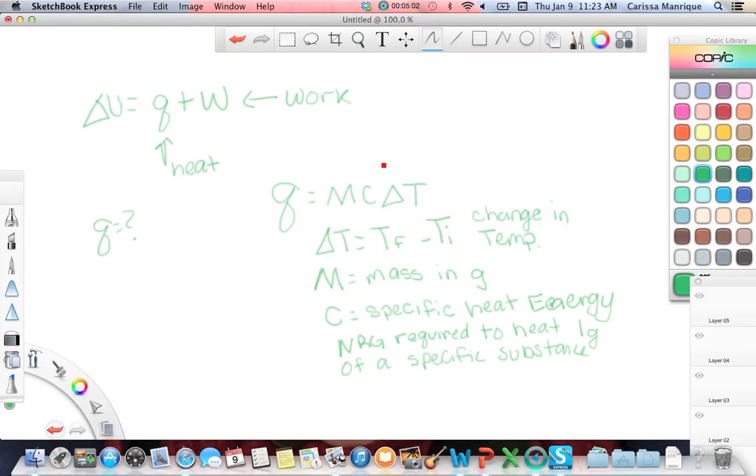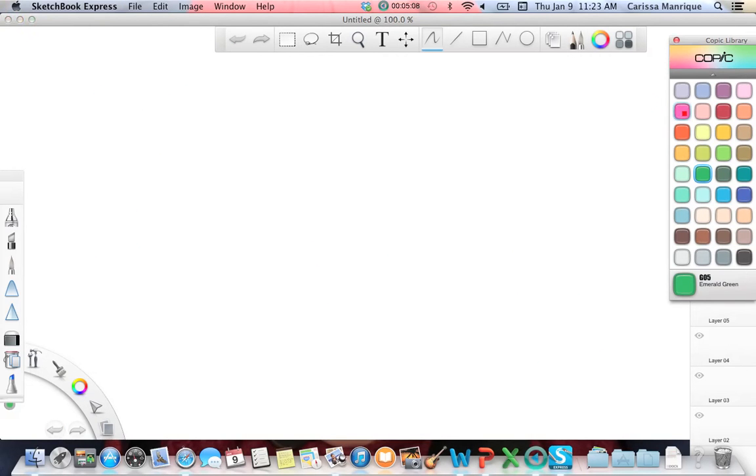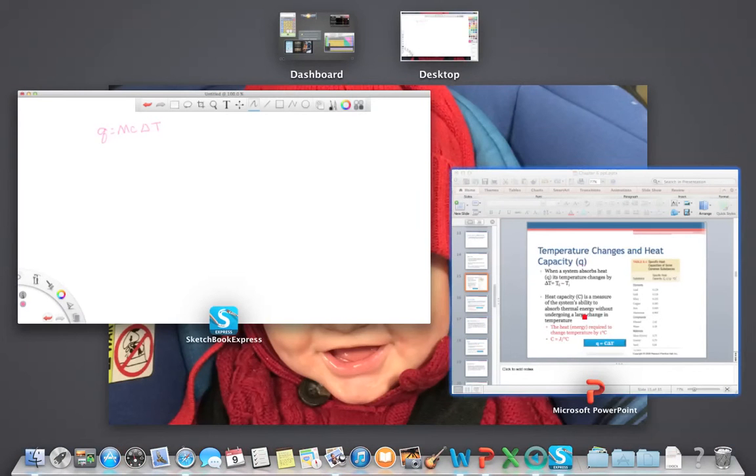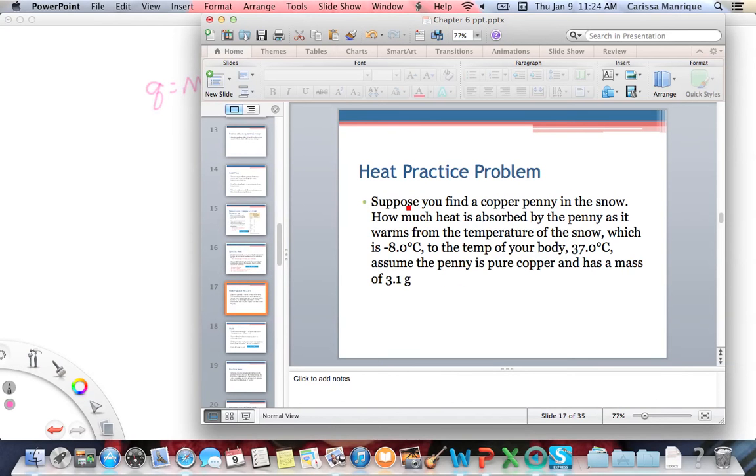So let's look at an actual problem. Again, let's write down our formula. Q equals mc delta T. Now let's look at our problem. Suppose you find a copper penny in the snow. How much heat is absorbed by the penny as it warms from the temperature of the snow, which is -8, to the temperature of your body, 37?